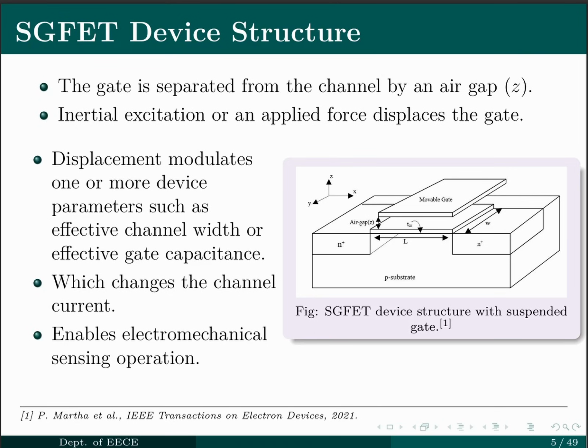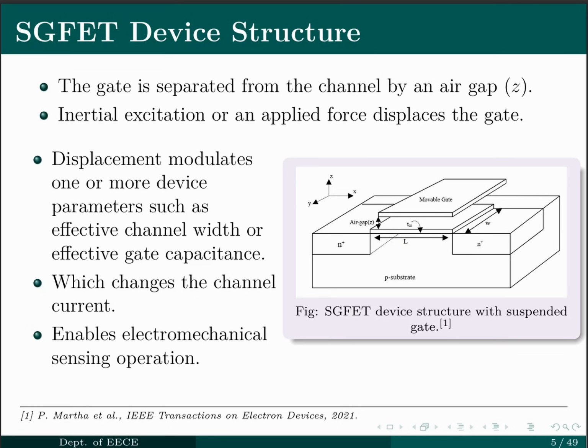Now the device structure will look like this. There is an air gap between the movable gate and the channel, and there is also a stacked air gap thickness and oxide thickness.